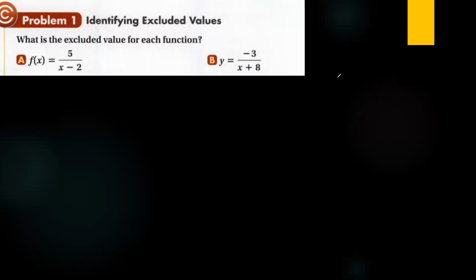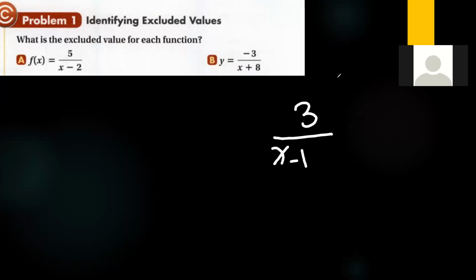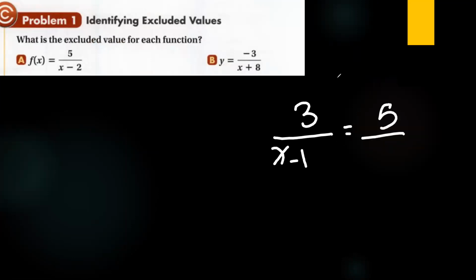Do you remember before, when we solved rational equations? Like if you have 3 over (x minus 1) equals 5 over (x minus 2), as an example. When you solve it, you will find that x equals 1 is undefined.